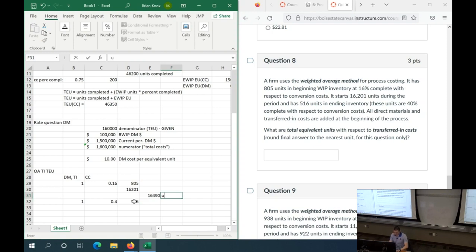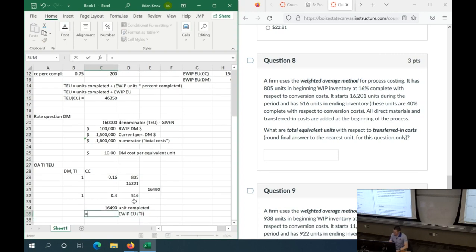Okay, so now we have our units completed. Let's organize things a little bit more. Units completed equals that. And now we have EWIP equivalent units, and we're in transferred in cost land. So we have ending WIP units times what's their percent complete?